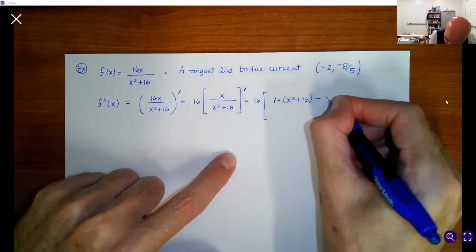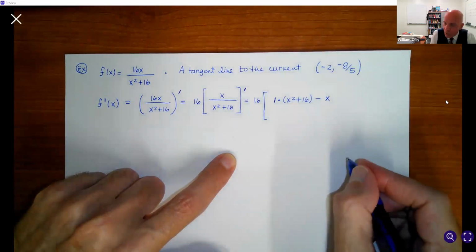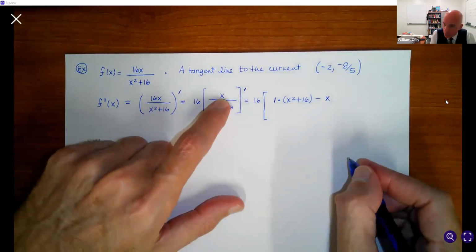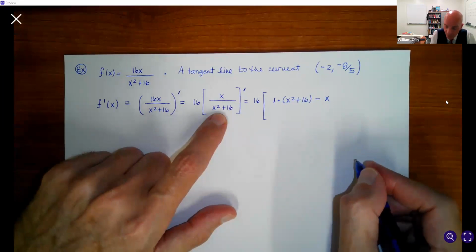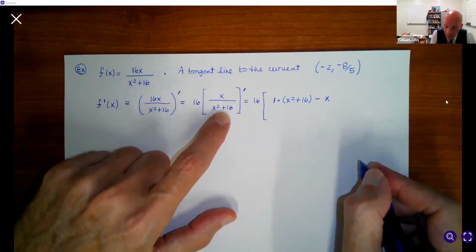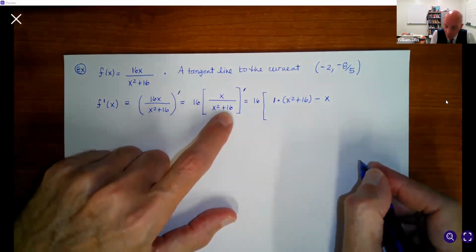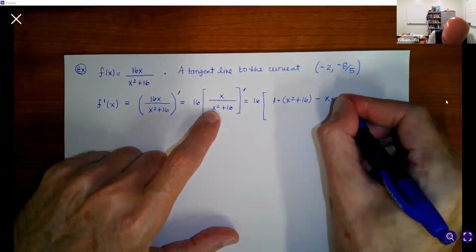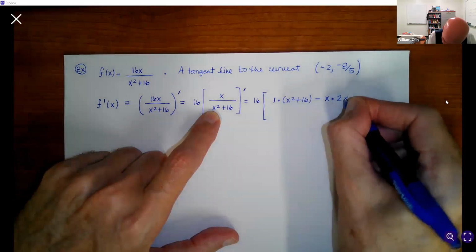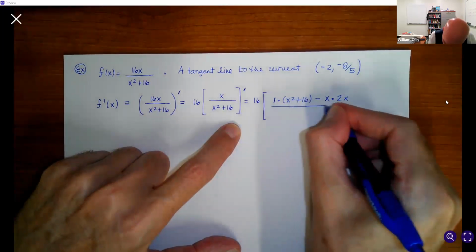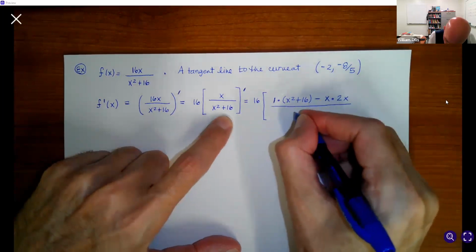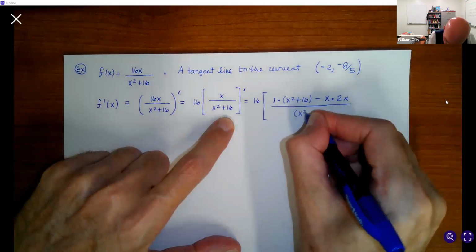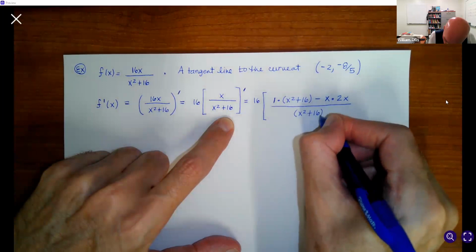Now, of course, the x is no more, we just have the x, no derivative. And then we take the derivative of the denominator. Of course, we can use the sum rule. The derivative of the constant is 0. And of course, the derivative of x squared is 2x. So we just say times 2x. And of course, we square the denominator, x squared plus 16 squared.